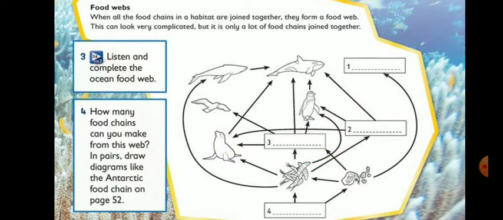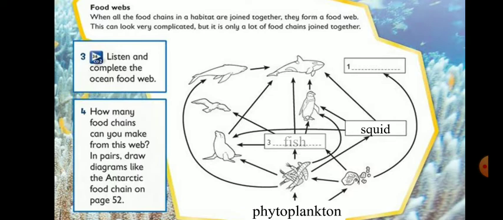So, let's begin with the bottom line, number 4. Number 4 is phytoplankton. That begins this food chain. The next one is squid. Here goes the squid. Squid is eaten by penguins, also by the killer whale.